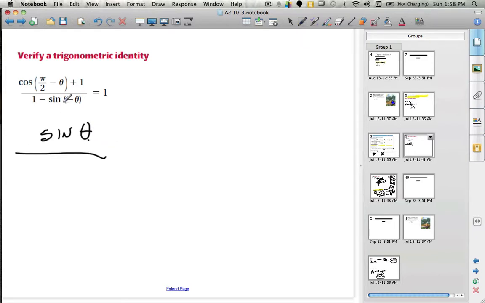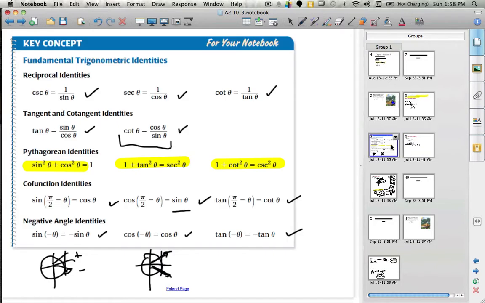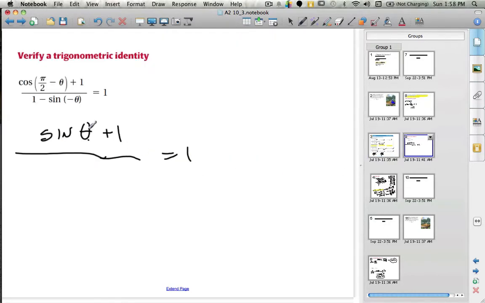And 1 minus, well, I have a deal about negative angles, so let's take a look at negative angles. So the sine of the negative angle is the opposite of the sine of the angle. So that means that this is going to be 1 minus the opposite of sine of theta.